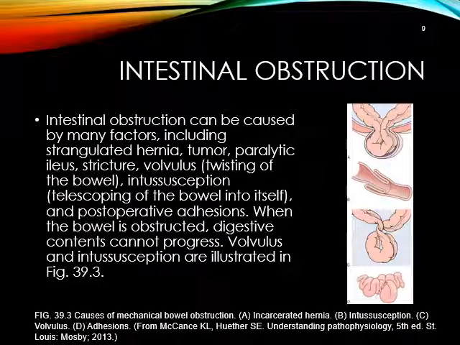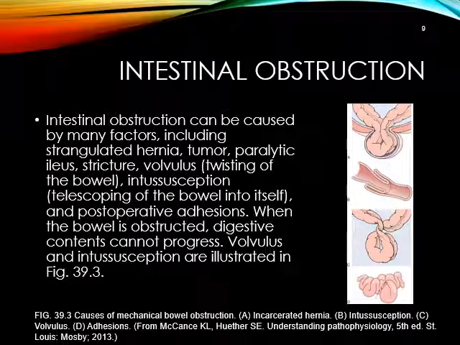Their intake equals their output, so their I and O is equal. Those are some really important things to remember about how we know when intestinal obstruction is over. All those things we've been taking care of all along, right? They're all gone. So vital signs normal, mucous membranes moist, and their I and O is equal.